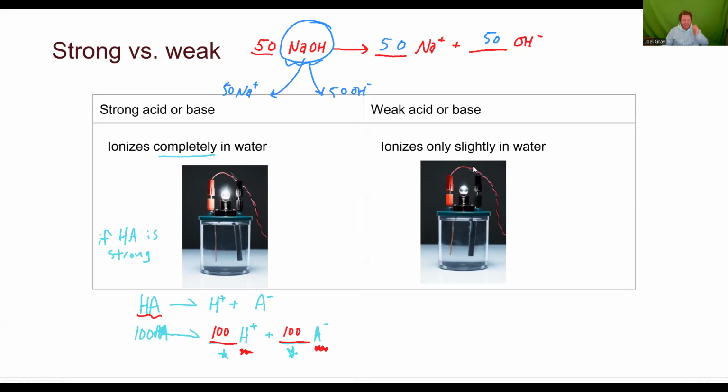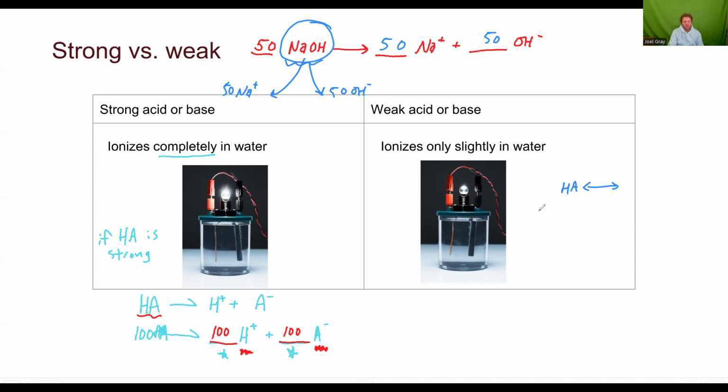Now, a weak acid or a weak base is only going to ionize slightly. So when you look at a weak acid, let's say I'm again going to label HA for my acid. A good example of a weak acid is something that's going to go back and forth.